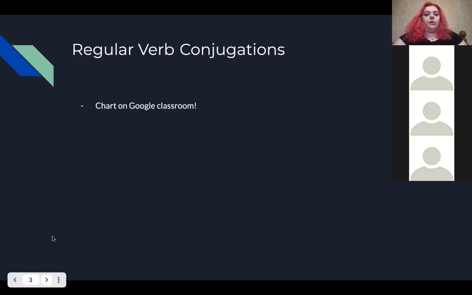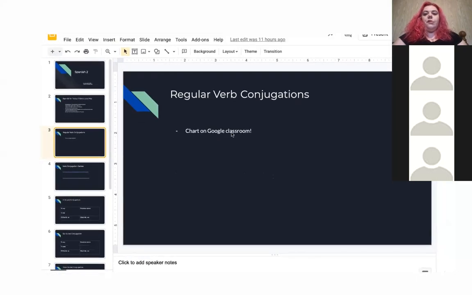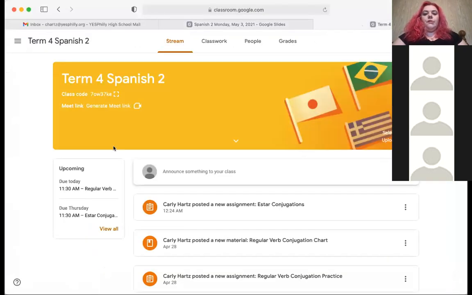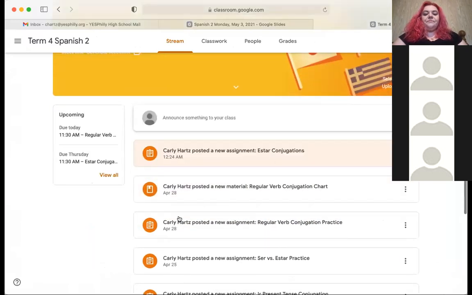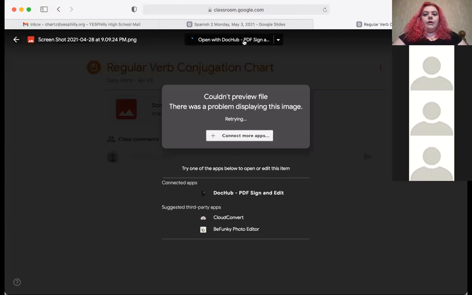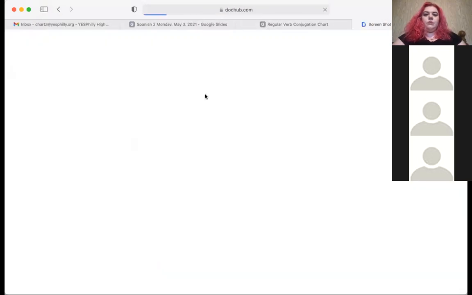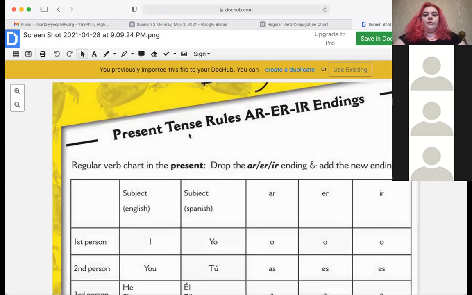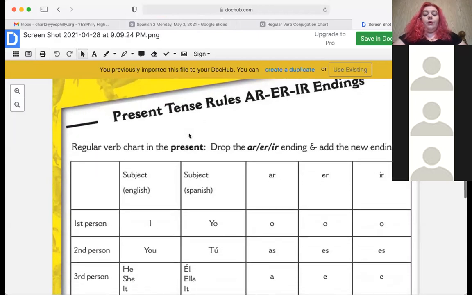Okay. So the regular verb conjugations, I wanted to show this to you guys. If you go on our Google Classroom page, it says that I posted a new material, which is our regular verb conjugation chart. It's loading. This actually came from a book that I found, and it's like a 600-page book on verb conjugations.